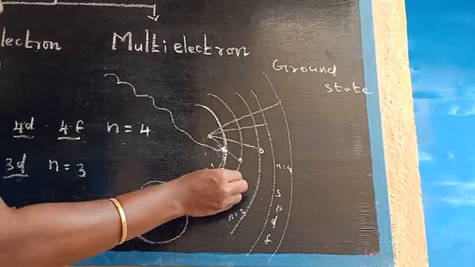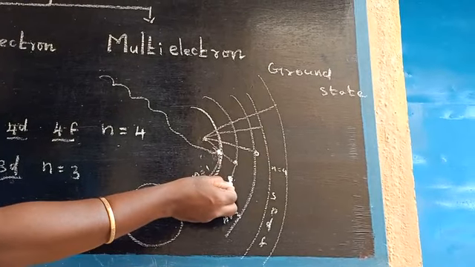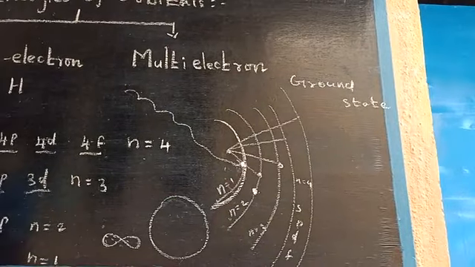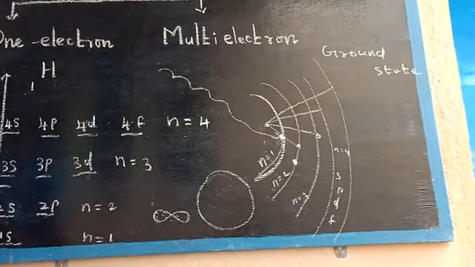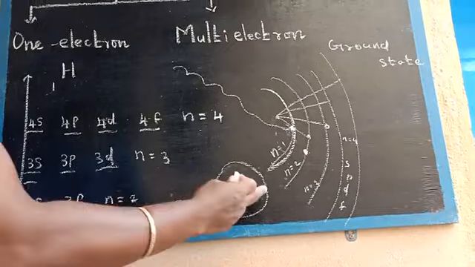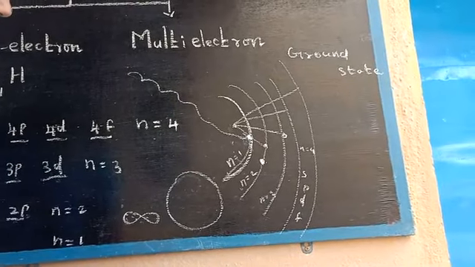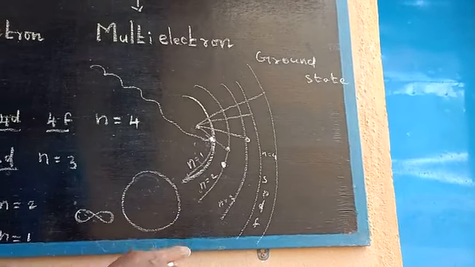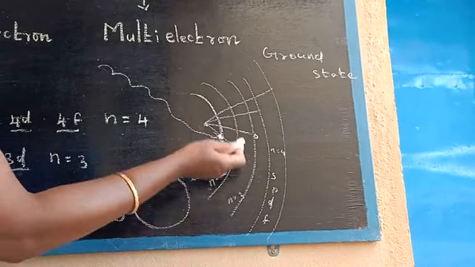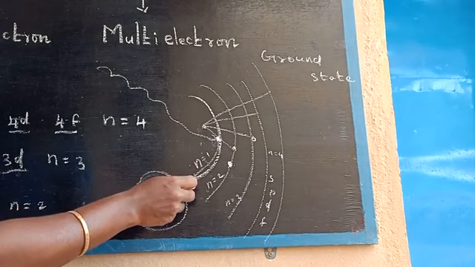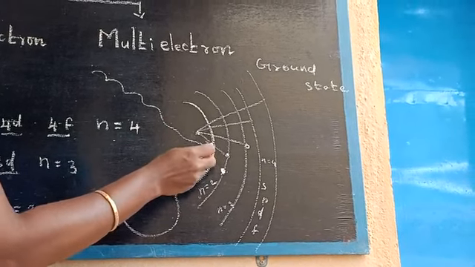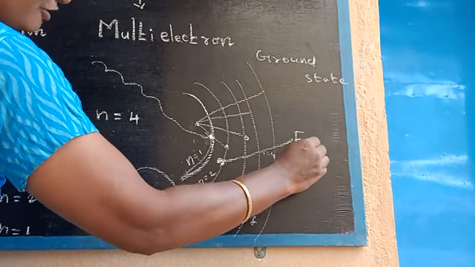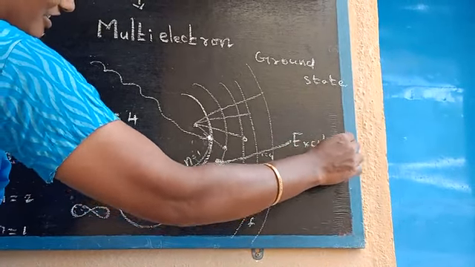That means this electron is shifted, or jumping. Jumping means the electron reaches the 2s orbital, this energy level, so the energy level increases. The electron is wave in nature, so it is not present there and will come back to the same energy level. This process is known as the excited state.